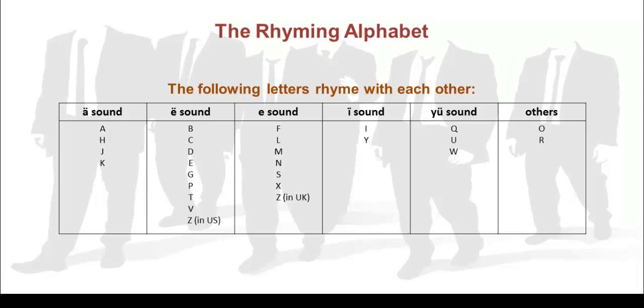The long I sound: I and Y, and the long U sound: Q, U, and W. There are two letters that do not fit into any of these categories, and those are O and R.